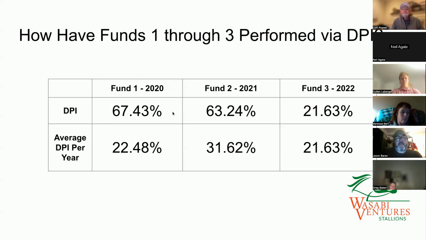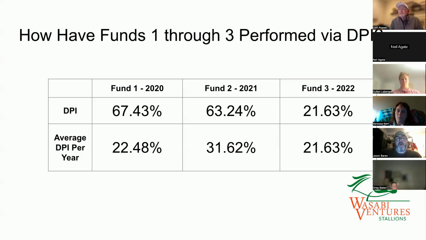So our very first fund we raised in 2020. We started deploying it in 2020 into early 2021. And so that's year 0. So Fund 1, if you think 20 and 21 are year 0, 21, 22 is year 1, and so on. So there's been 3 years.